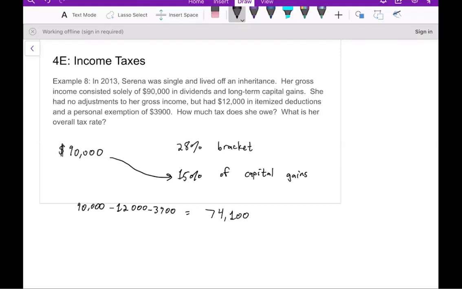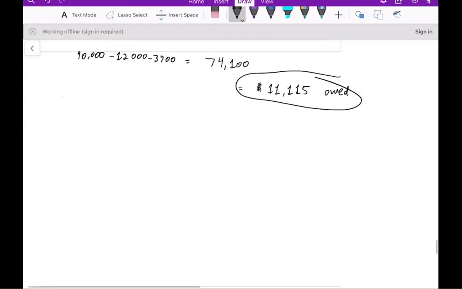And if I take 15% of that, we're going to get that we owe $11,115 in taxes. So that's how you would treat these long-term capital gains a little differently.